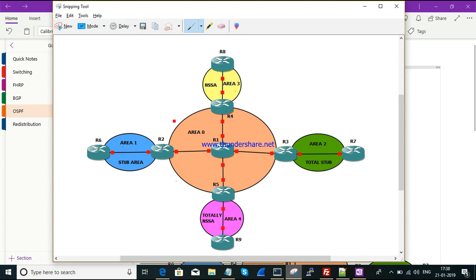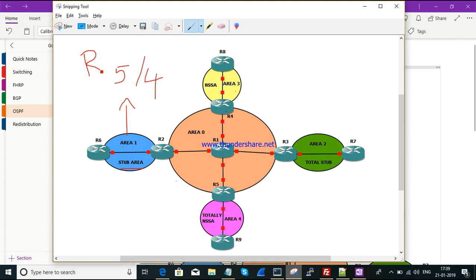Let's consider that area 1 here is a stub area, which means within this area type 5 LSA, then type 4 LSA will be blocked. Since type 5 is blocked, redistribution is not allowed.